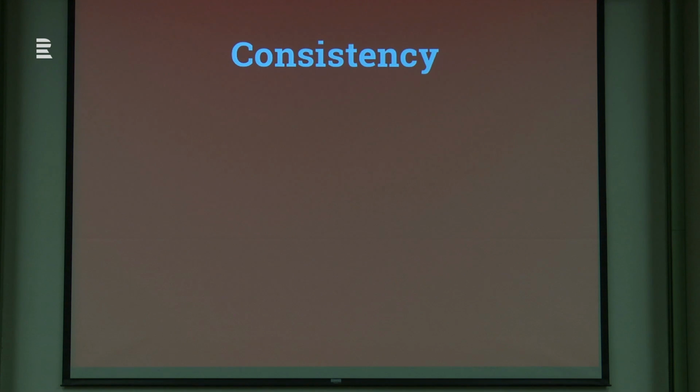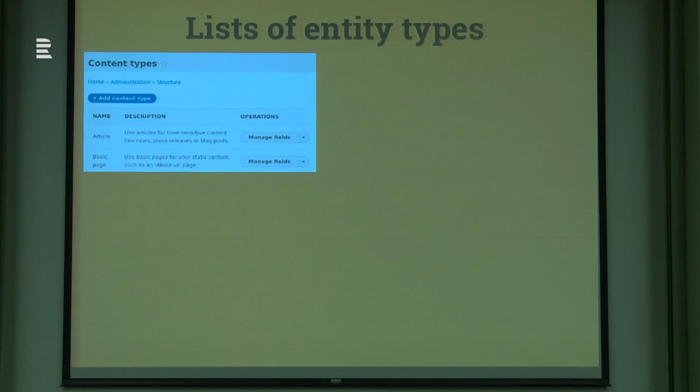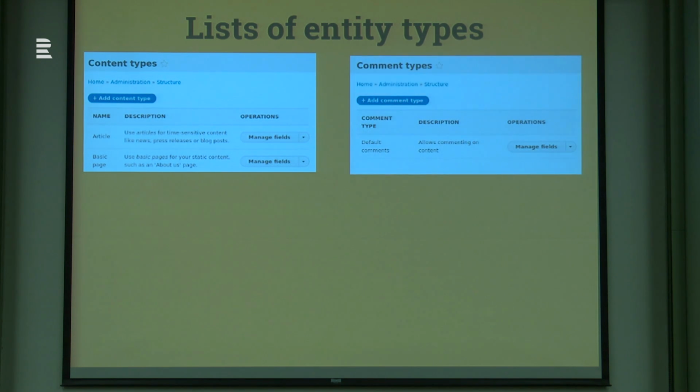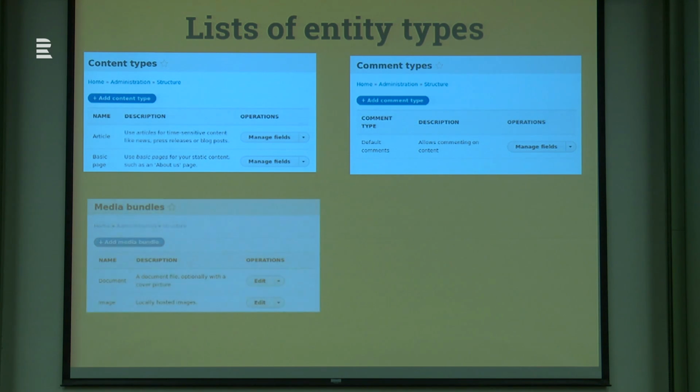And as you've noticed, I'm a stickler for consistency. I'll just give you another few examples. So we have a number of lists of entity types in Drupal 8. We have content types, and you see they're listed with their name, description, and the operations. With comments, we have the same: the comment types, the description, operations. The media module does the same: name, description, operations.